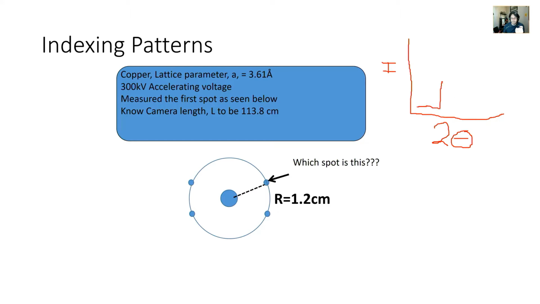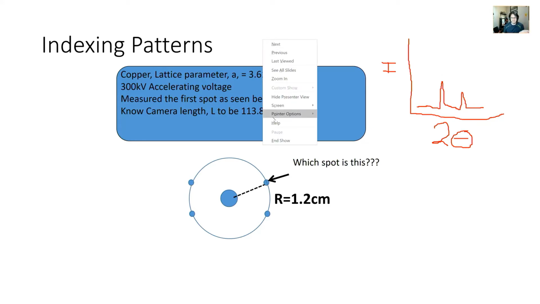Boom, a peak, boom, a peak. When we were talking about XRD, we were asking, which peak is this? Well, now on electron diffraction patterns, the spots are analogous to the peaks. So instead of asking what peak is this, we're asking which spot is this. And if it's the first reflection, it could very well be 111, 110, or 001. Talking family of planes here.